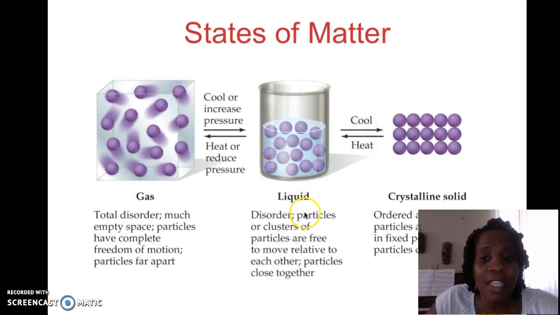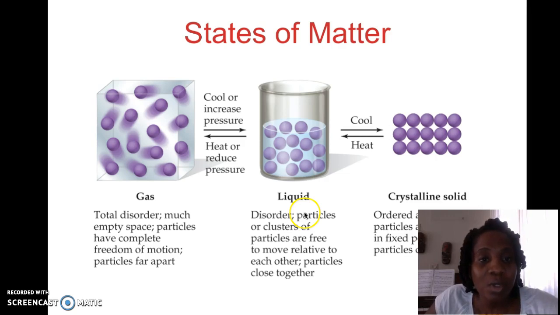Then you have these states of matter, where we talk about how at different temperatures and pressures, matter can exist in a variety of states. In the gaseous state, you have a lot of empty space between the particles. The particles have a tremendous amount of freedom, and they're relatively far apart.